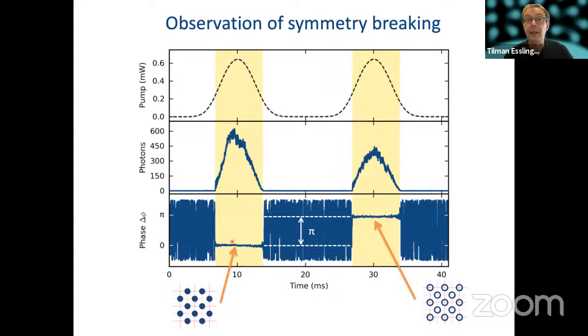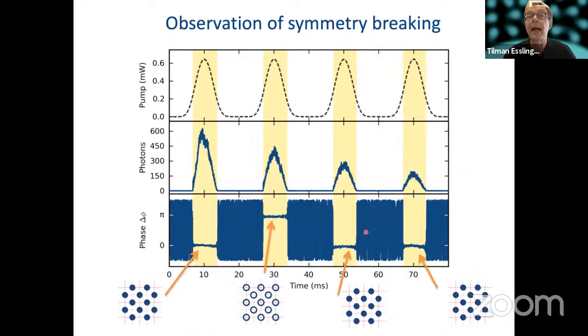And here you see, we go in the phase, have a certain phase, then we go again into it, and then we have a pi difference in phase. So one seems to be even and the other seems to be odd. And then we do this several times. Actually we did it 10 times, and then several runs of going 10 times in and out.